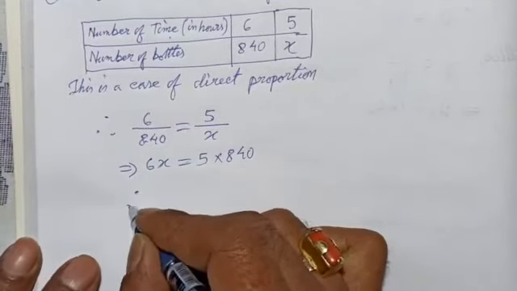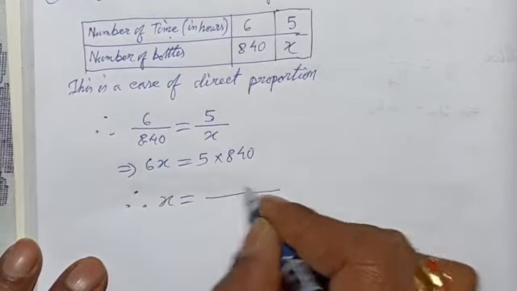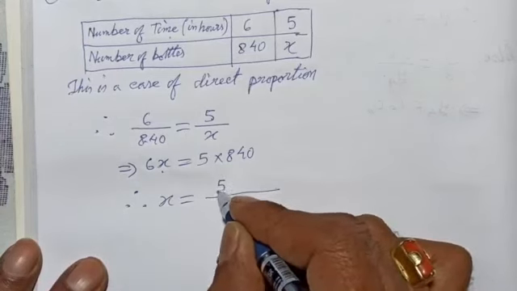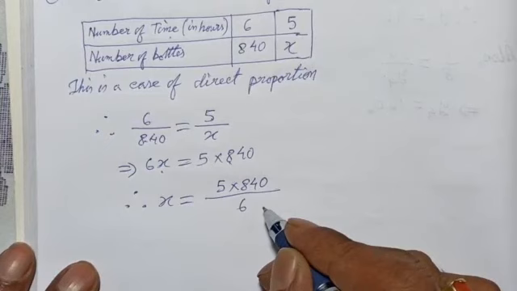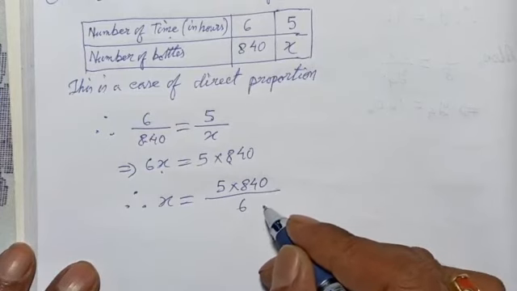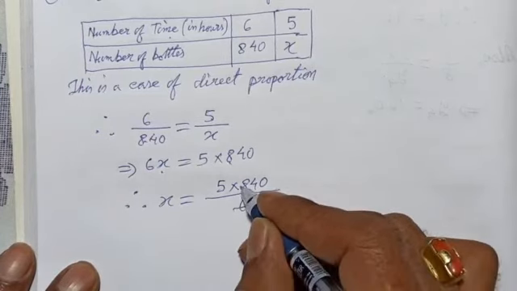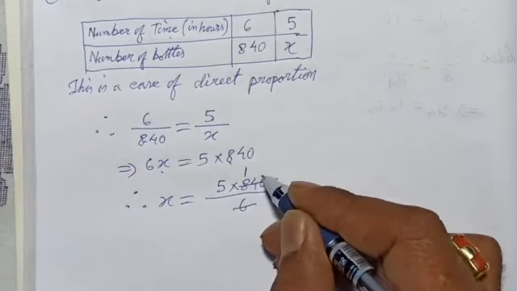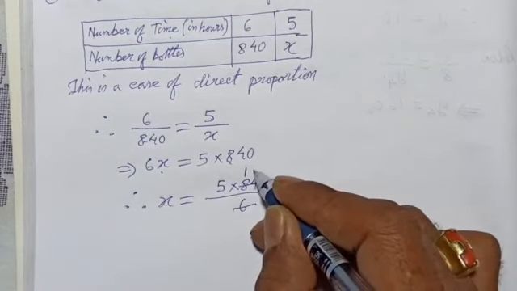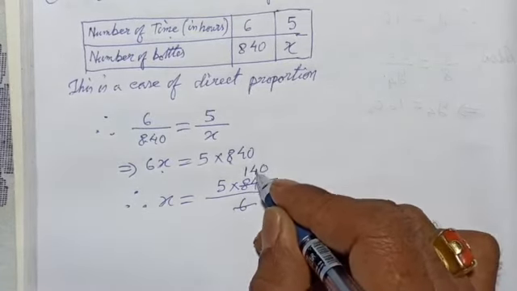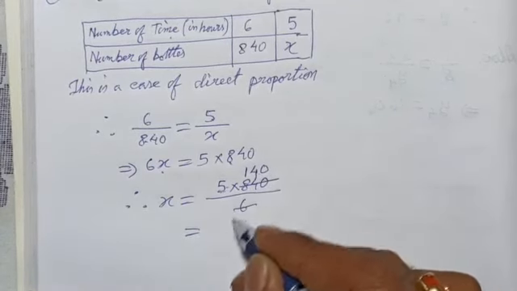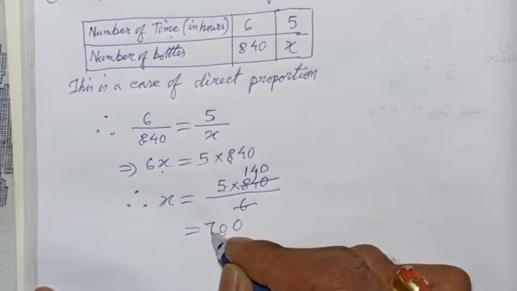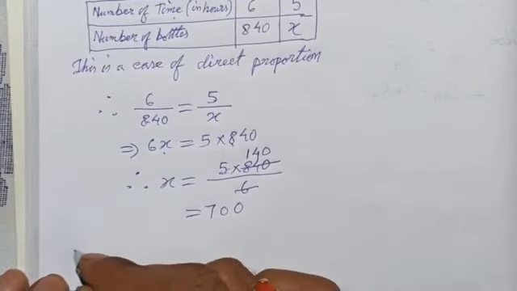Let's find out X. X is equal to 5 into 840 divided by 6. Now 6 divides 840: 6 times 140 is 840. 5 into 140 is 700.